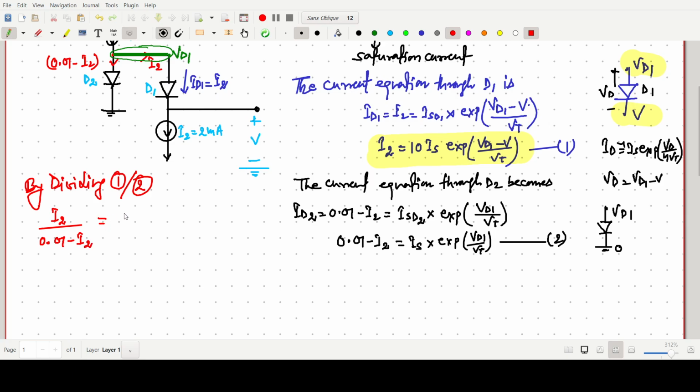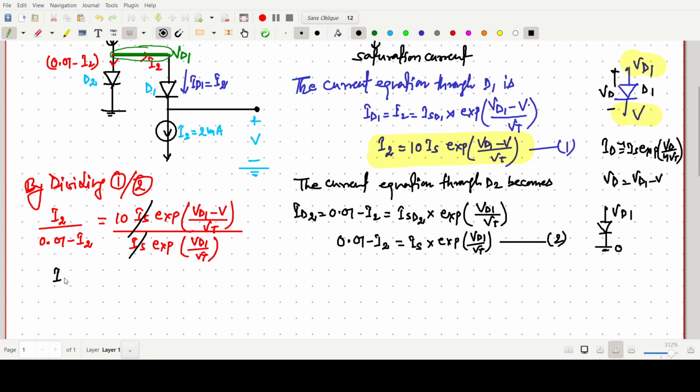One can write equation 1 like IS exp of VD1 minus V by VT whole divided by IS exp VD1 by VT. So here IS will be cancelled out.